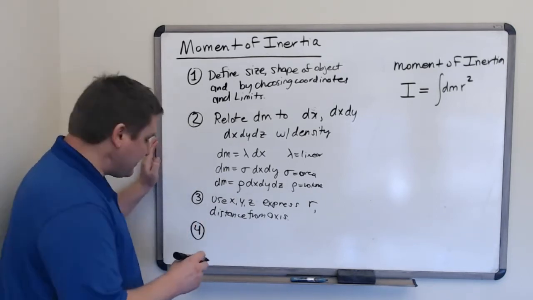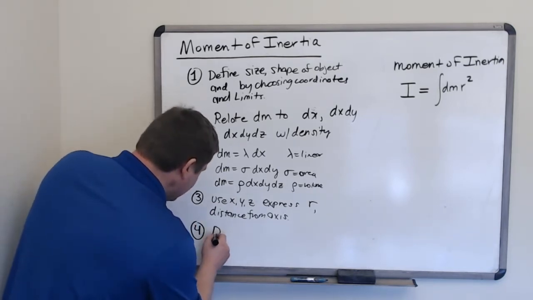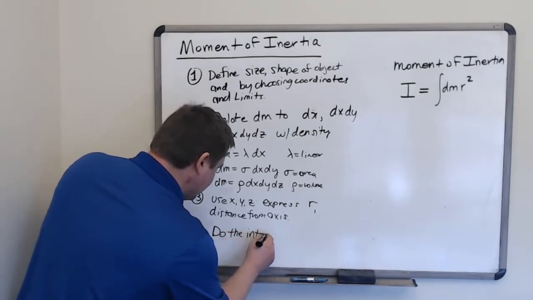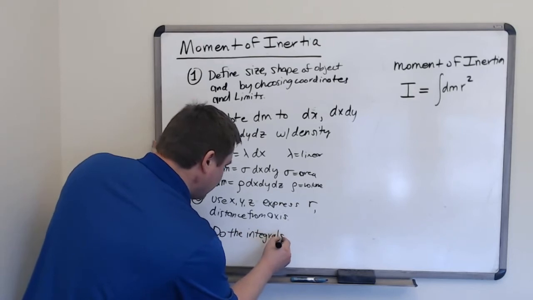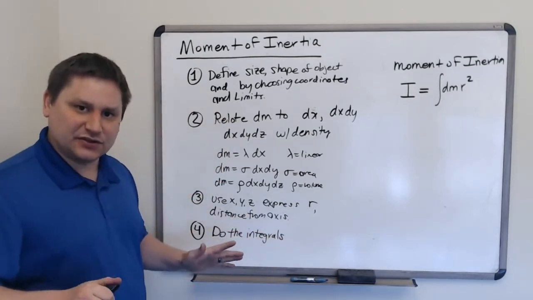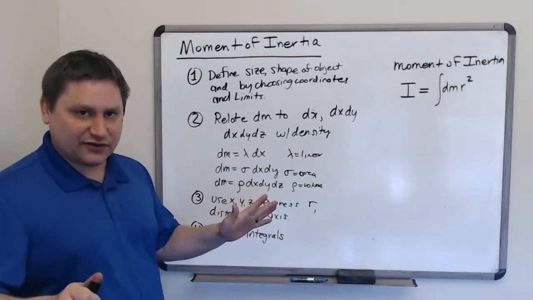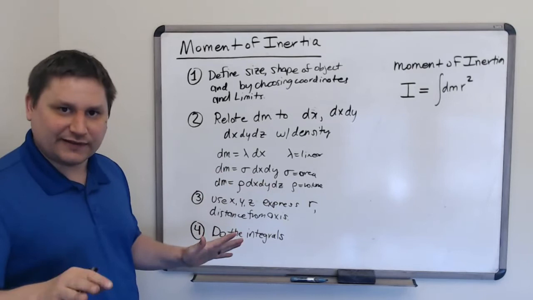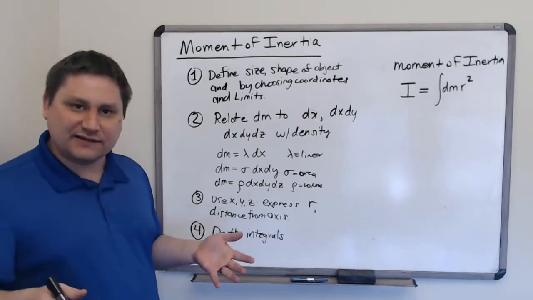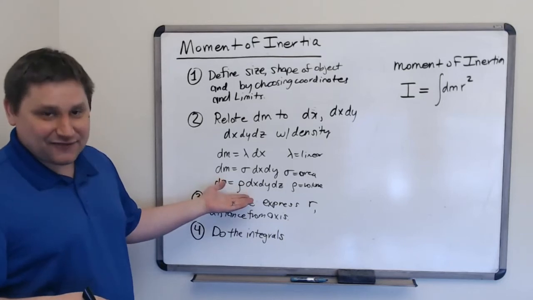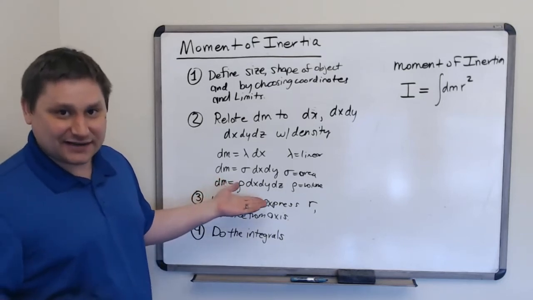And the final step is to do the integrals. Now, these integrals are usually not difficult to do. They're not going to involve crazy functions like trig functions or logarithms, because most materials usually have constant mass densities.